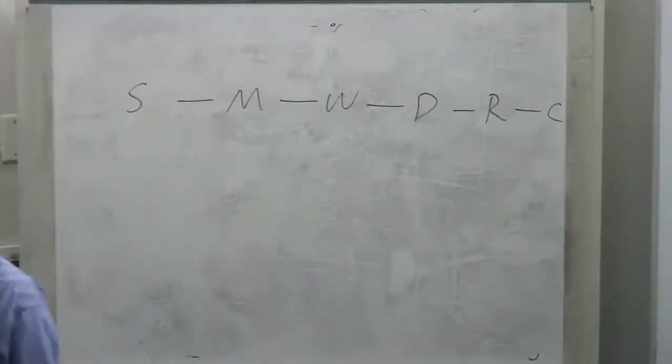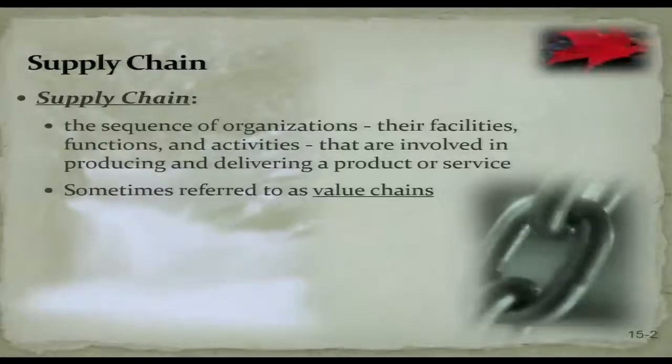You can add a lot of players in this supply chain. But generally speaking, that is a chain, right? But this chain involves facilities. Every player has a facility. And the functions: inventory management, forecasting, quality control, all the functions and activities. And the final goal is to produce and deliver products or services to the customer. That's the final goal for every player in this supply chain.